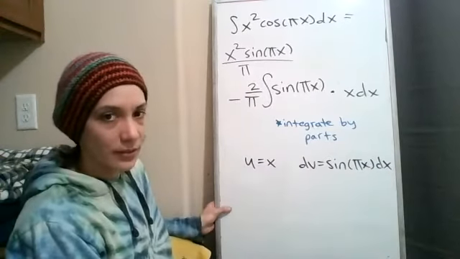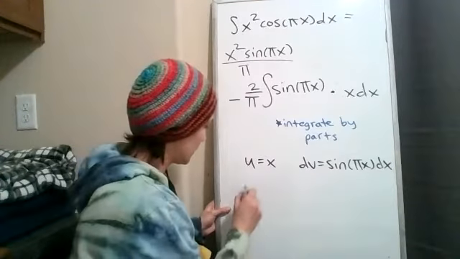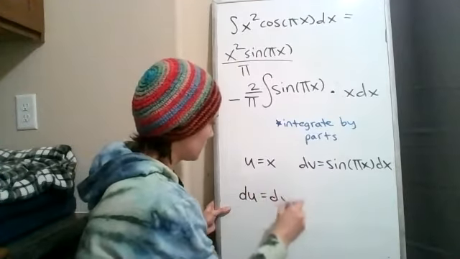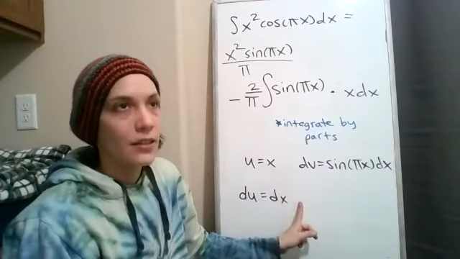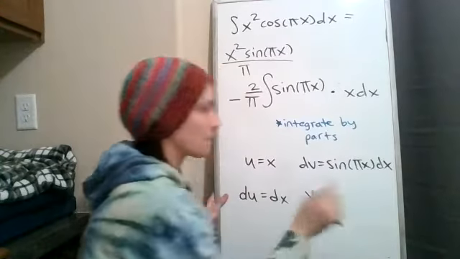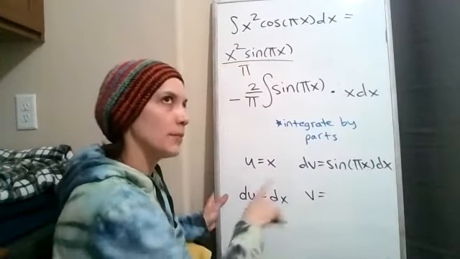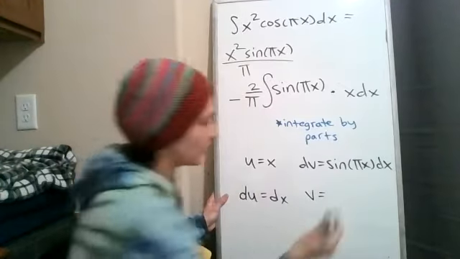Okay, this side do the derivative to get du equal to dx. This side integrate, so v equals the negative cosine of pi x divided by pi.